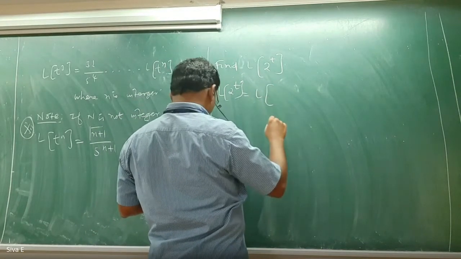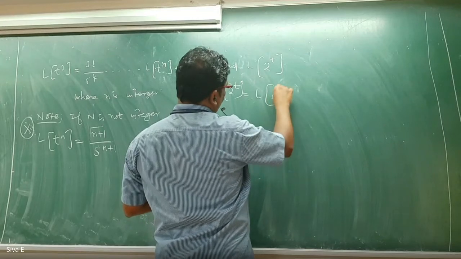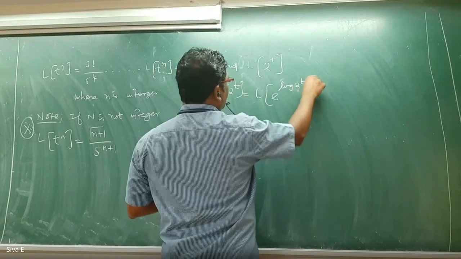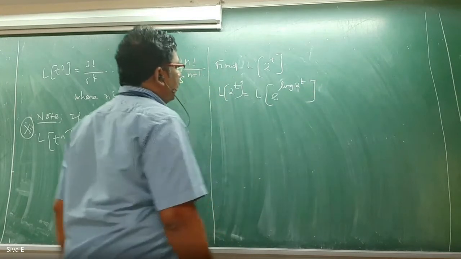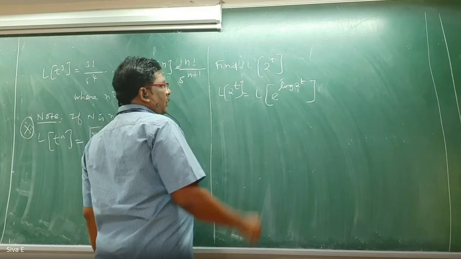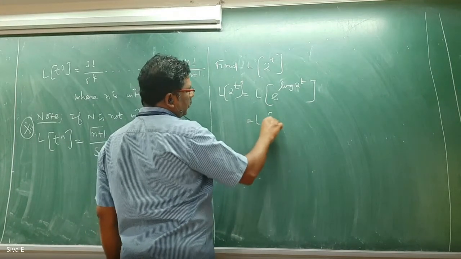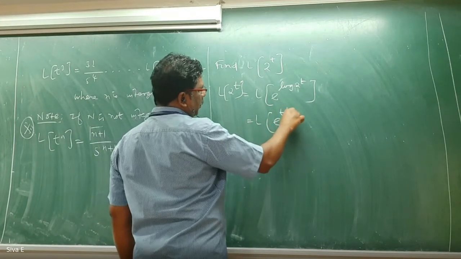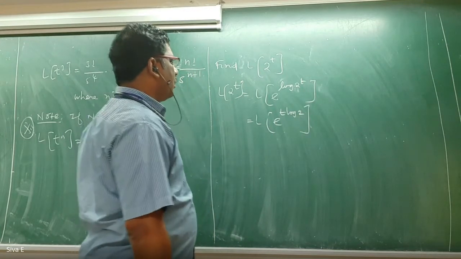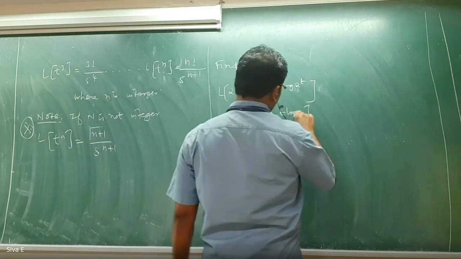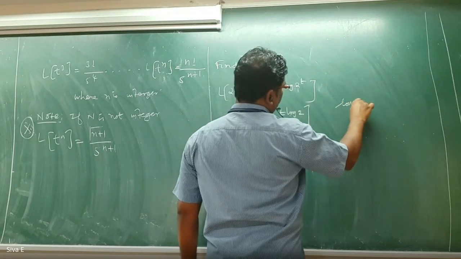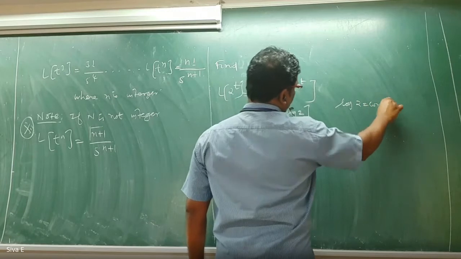Laplace transform of e power log 2 power t, so e power t log 2. Here log 2 is a constant.